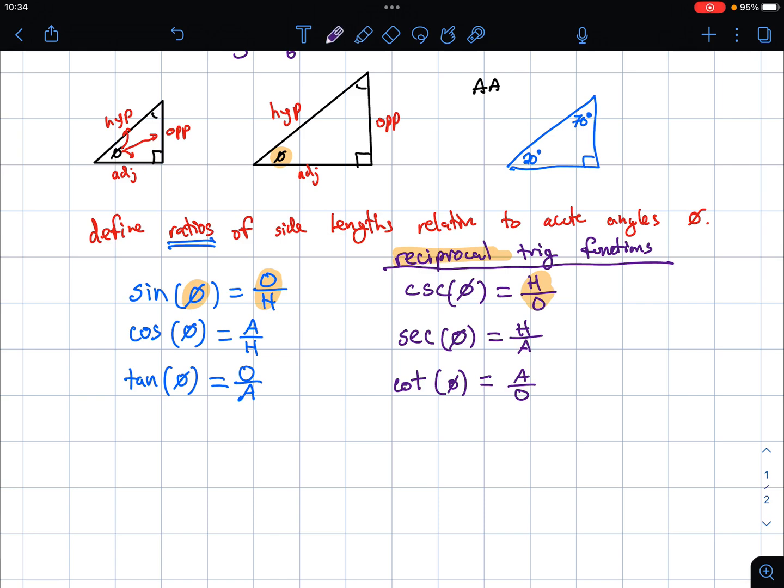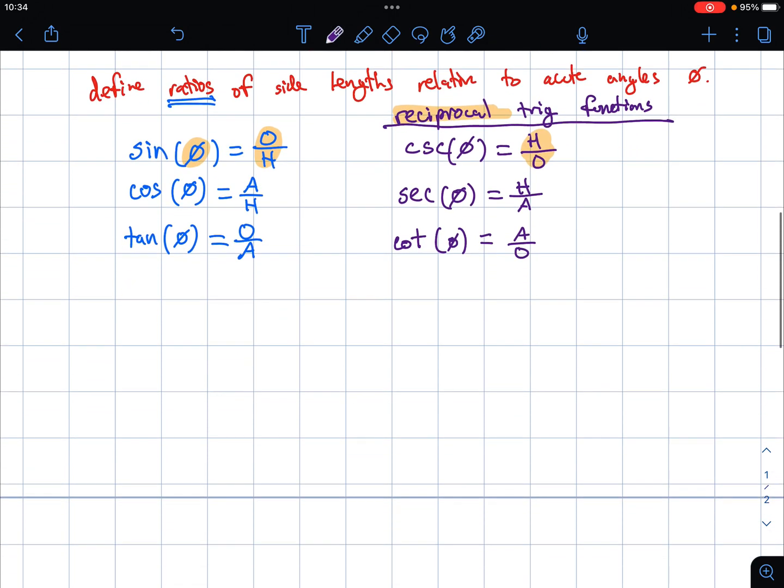Now, adding to this, I can also say that 1 over sine is equivalent to the cosecant ratio, cosecant of theta. So spelled out, CSC is cosecant, and I'll show you why.